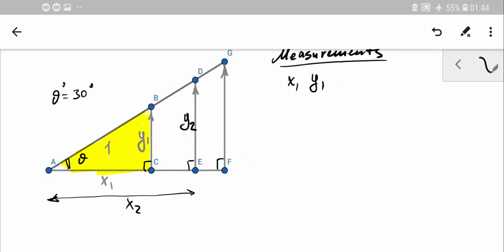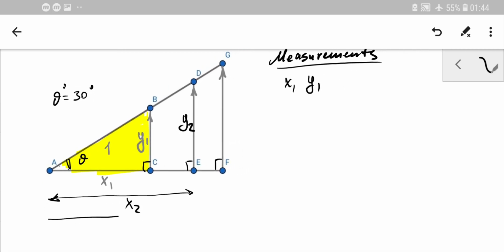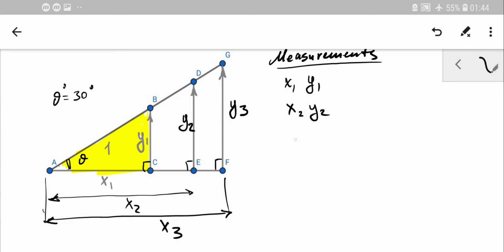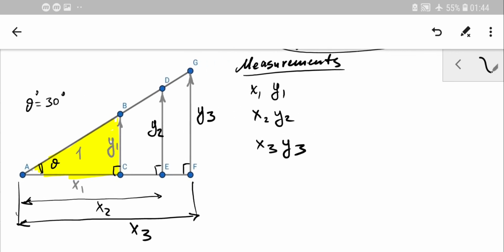And the last one, the biggest one, from here to the last point F, is simply x3, and you need to measure it versus y3. So we're actually measuring couples, and next we need to create the ratio.